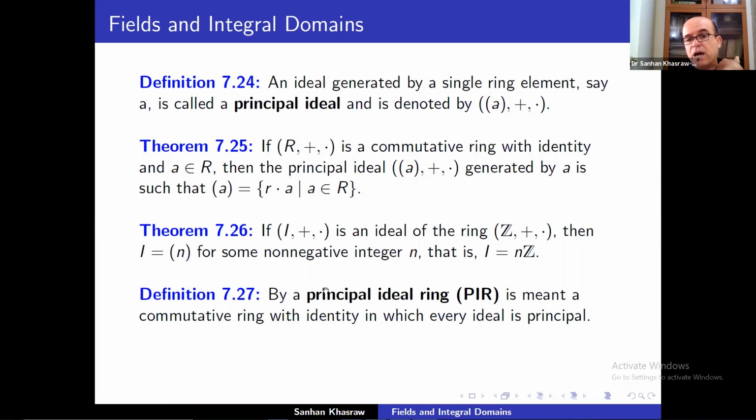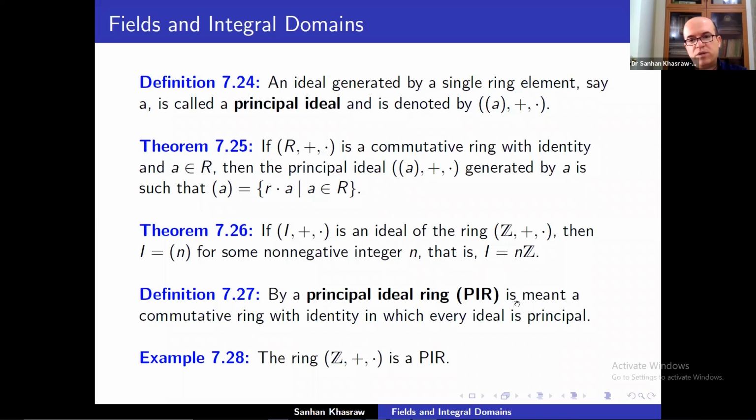If every ideal is principal, then the ring is called a principal ideal ring. We denote it by PIR. If we check the ring Z, as in theorem 7.26, it shows that every ideal in Z is principal. So the ring of integers is a principal ideal ring.